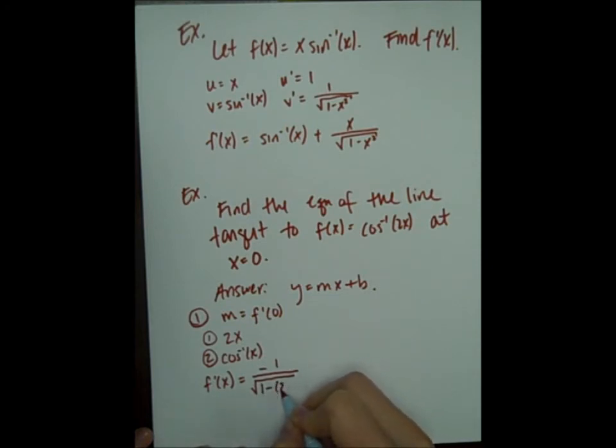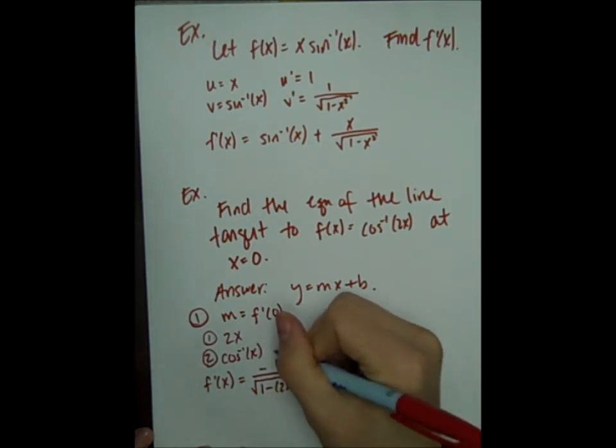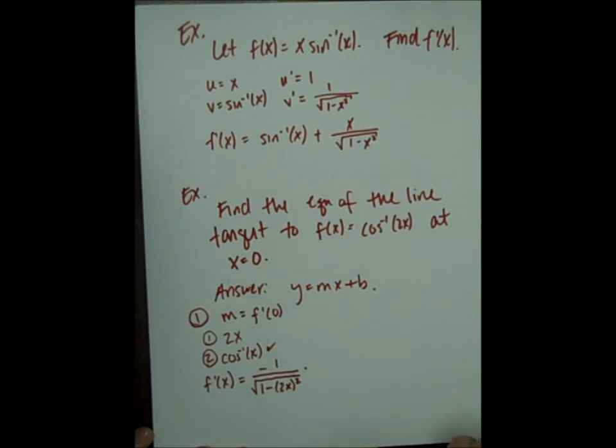But I'm not going to write an x there. Remember, I write whatever the previous line above it says. Now I multiply it by the derivative of 2x, which is 2. So there's my derivative of f. Now I plug in 0 to find m. So I'll get negative 1 over the square root. Let's see, 1 minus 0 is just 1.